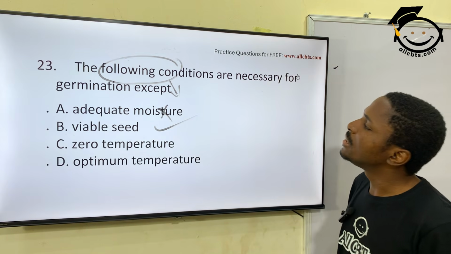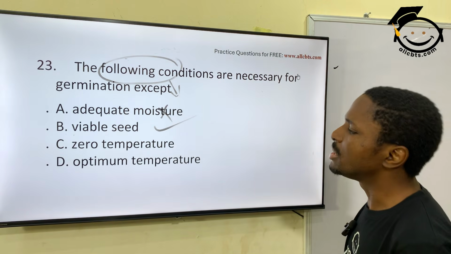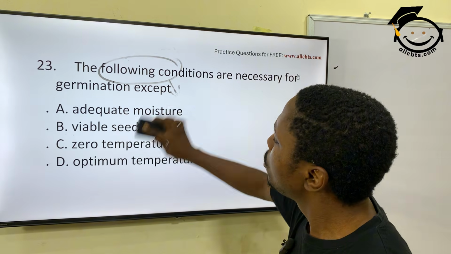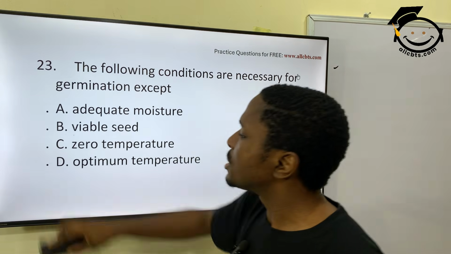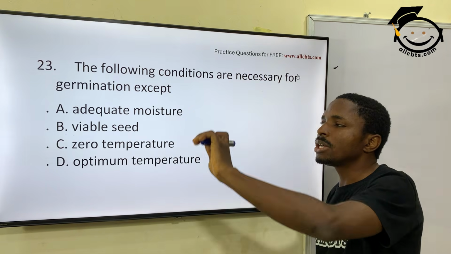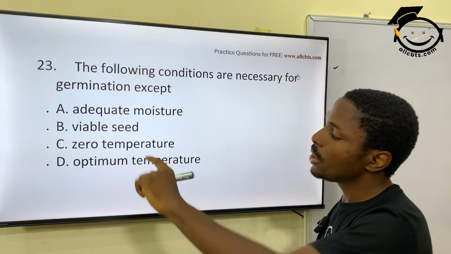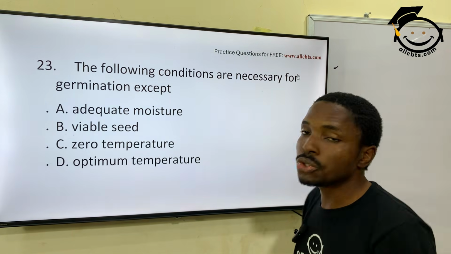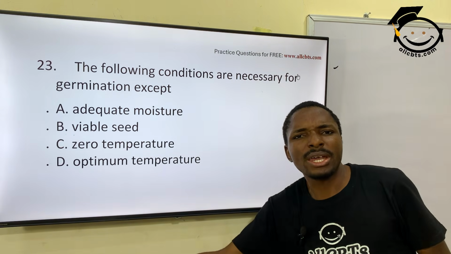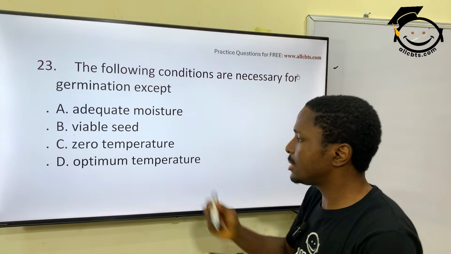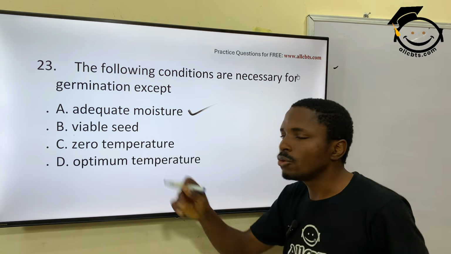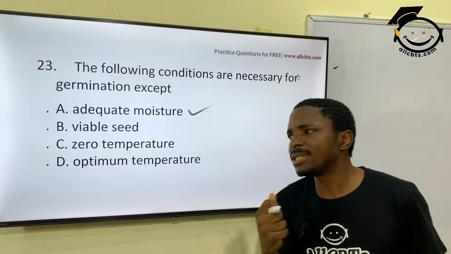Then 23. The following conditions are necessary for germination. Which of these four options are necessary for germination? Only one is not necessary for germination. You have adequate moisture, meaning the soil should not be too dry or too wet. Correct. You have good seed.